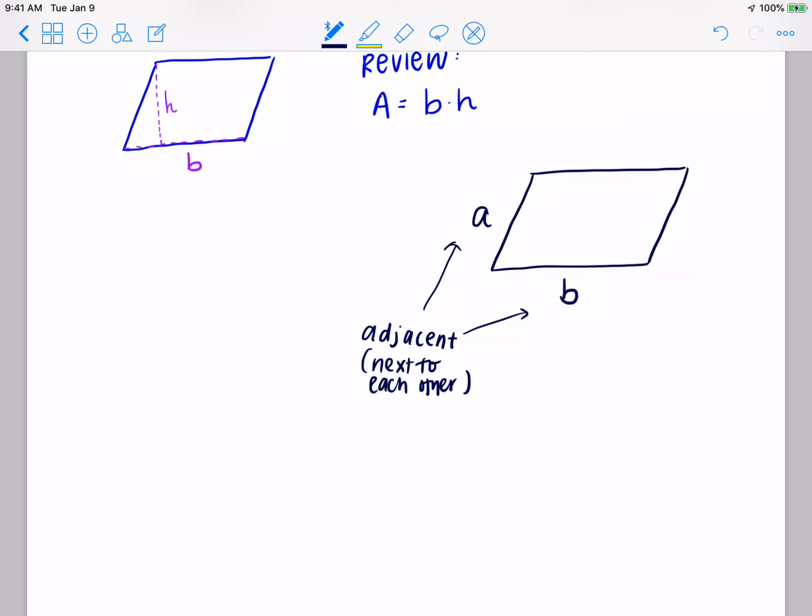As long as you have two sides that are next to each other and you have an angle, theta in this case, in between your a and b, then this formula can apply.